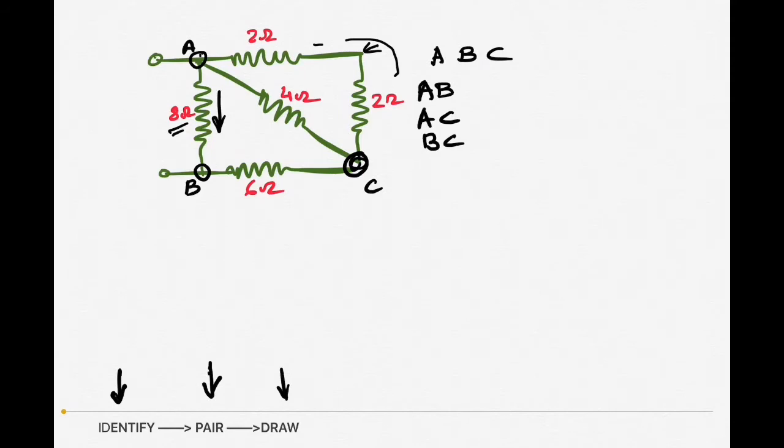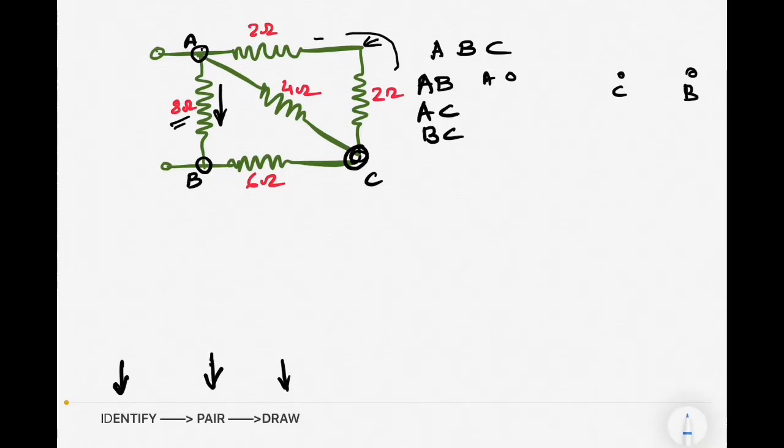Let's first take pair A and B. Let's put A, and here is B. We have to put another junction C as well in between, because what we're trying to do here is convert this complex circuit into a simplified circuit in between junctions A and B. If I put a battery source here, which we are supposed to have to complete the circuit, and we want to find the current inside this circuit, and maybe this is 12 volt, then we have to find the equivalent resistance of this whole complex circuit in between junctions A and B.